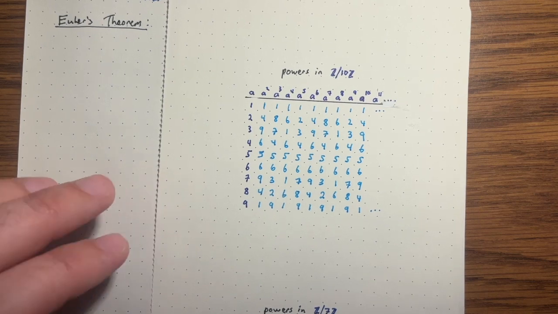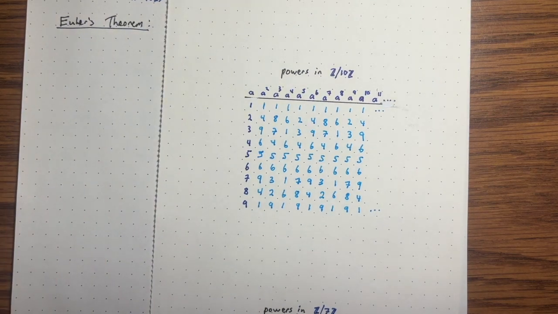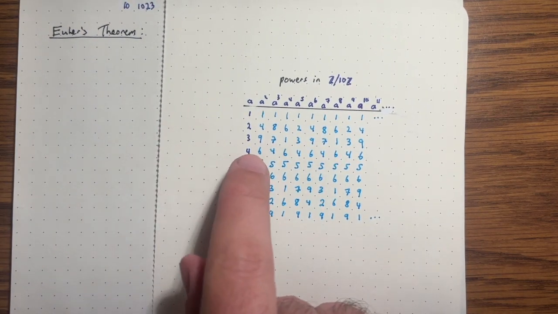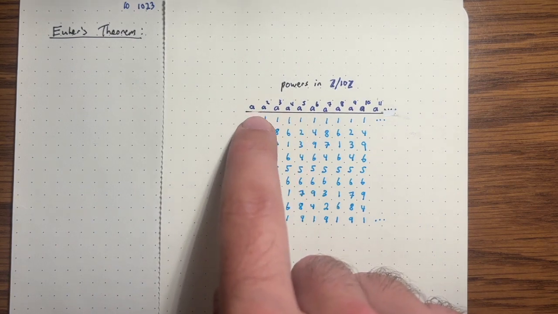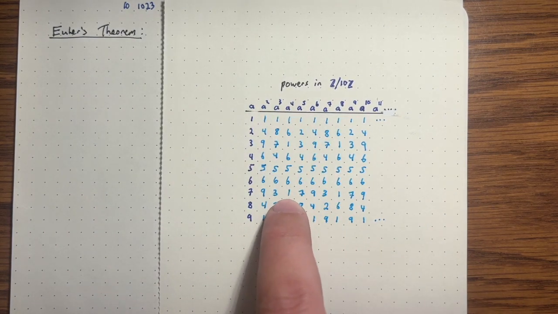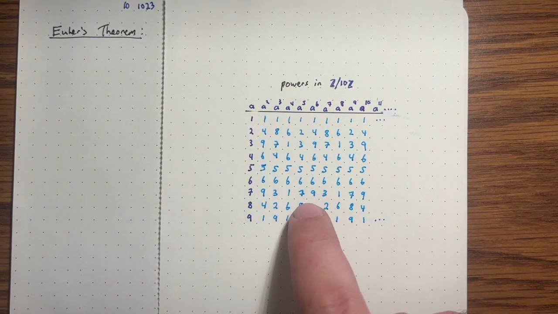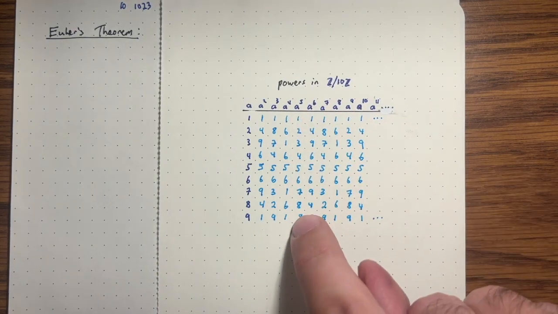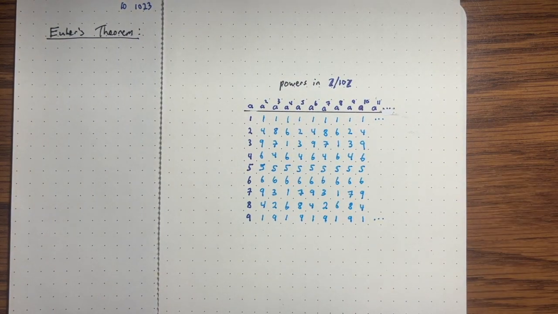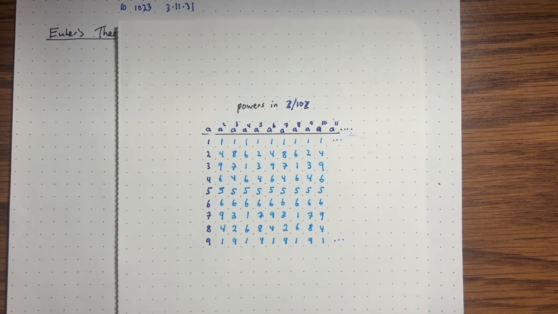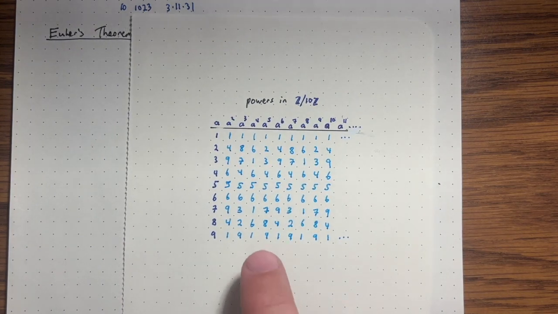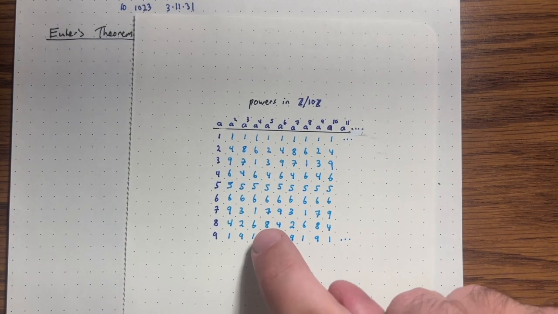However, that's hopeless, right? We will not always be able to find a power that's congruent to 1. In other words, there's no column here that's just going to be all 1s. However, we can do pretty well.